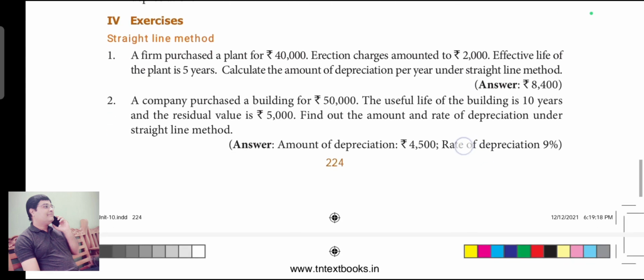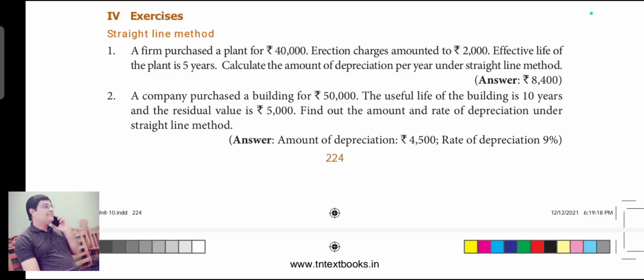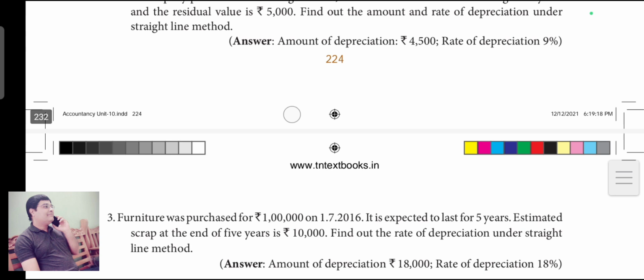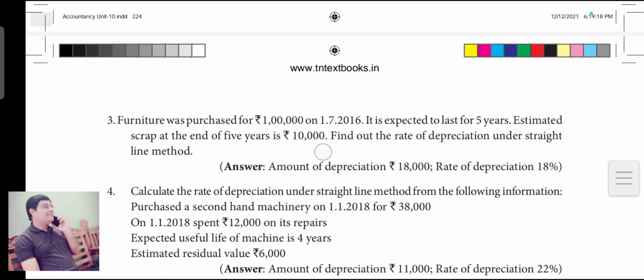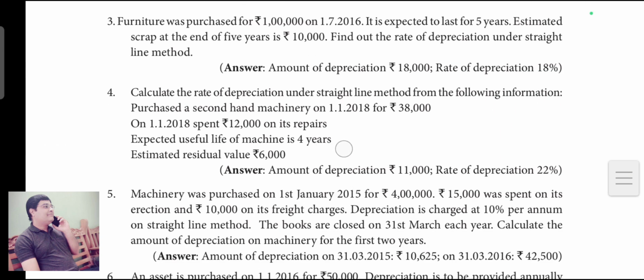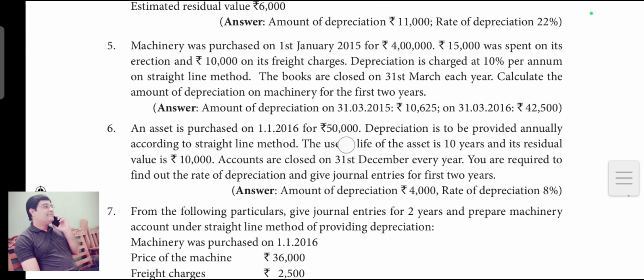Now move on to exercise sum. In exercise sum number 2, sum number 3, sum number 4 is very important. It will come in 2 marks and 3 marks. And sum number 5, 6 will come in 3 marks.